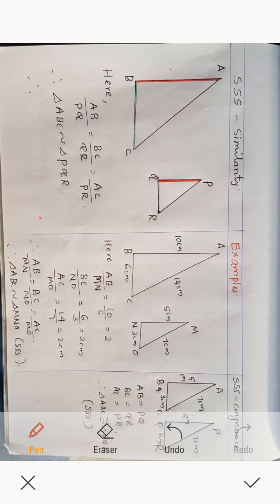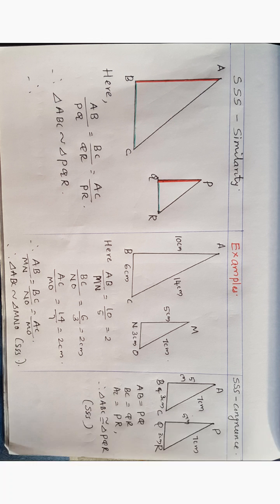Means if it is triangle ABC and triangle PQR, and we want to prove these two triangles are congruent by SSS congruence, AB will be equal to PQ, BC equal to QR, AC equal to PR. Then we can say the triangles are congruent.